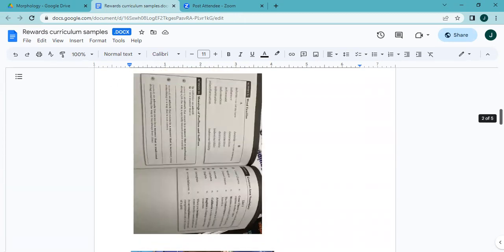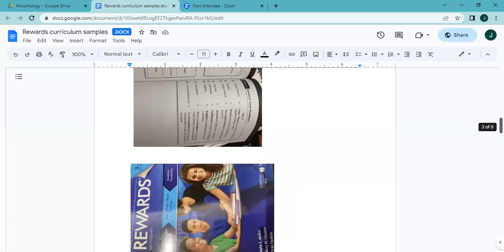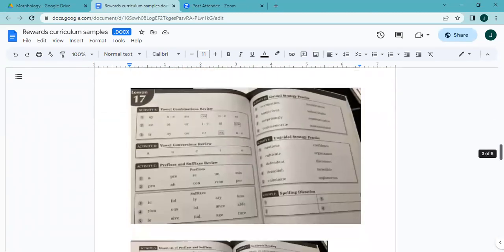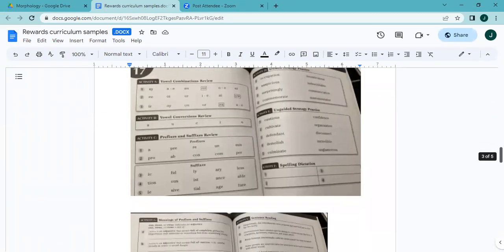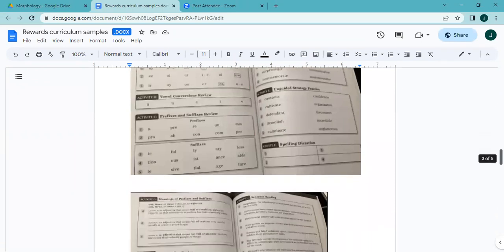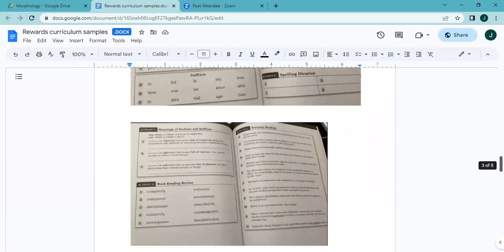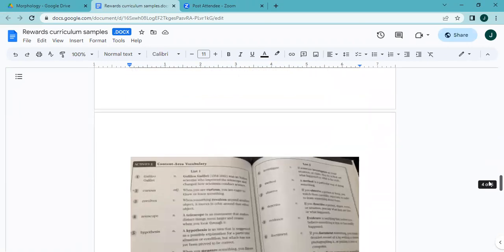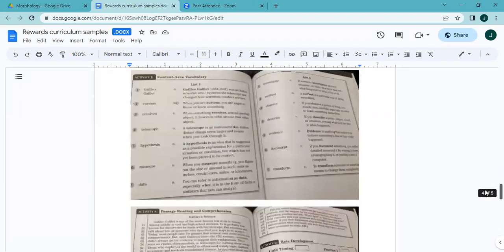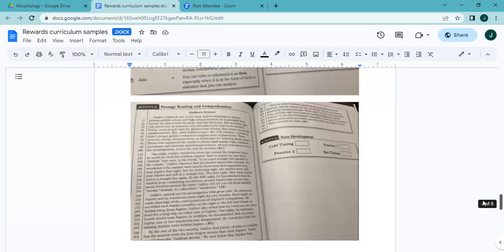She does have meanings here, prefixes and suffixes, and she does have content area vocabulary, but I'd still say it's more of a phonological than a morphological approach to polysyllabic word reading. But that's what the REWARDS curriculum looks like on the inside.